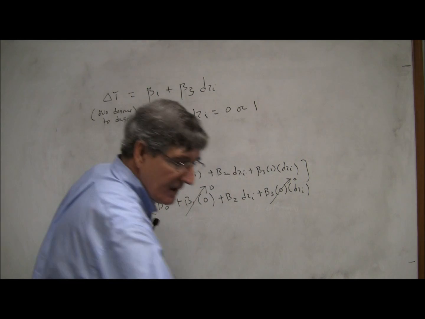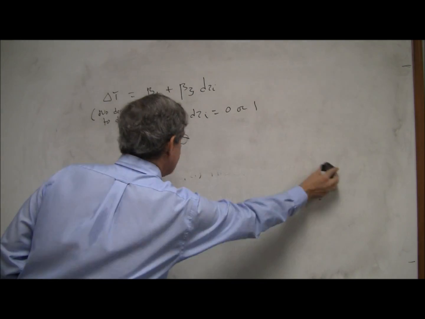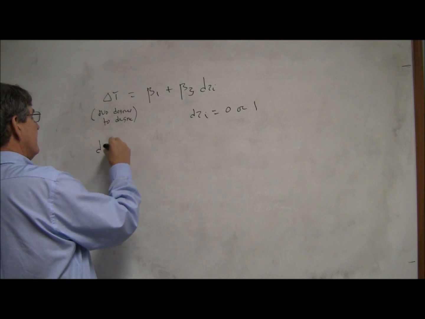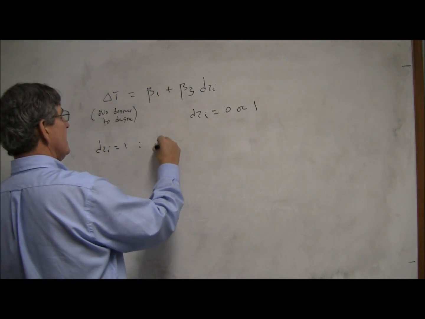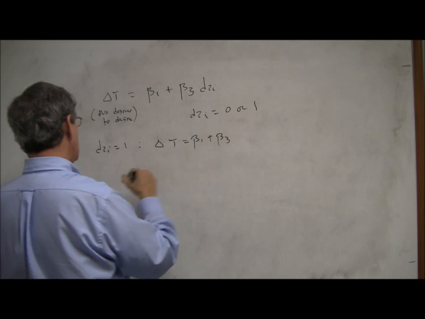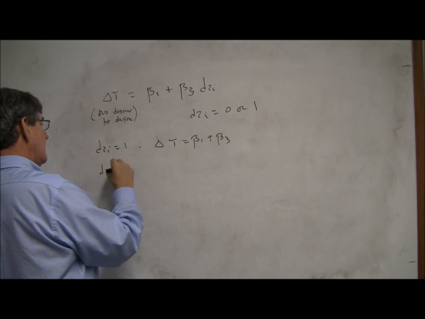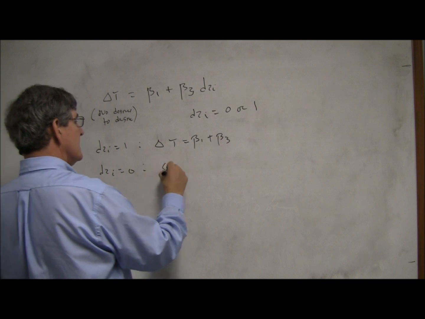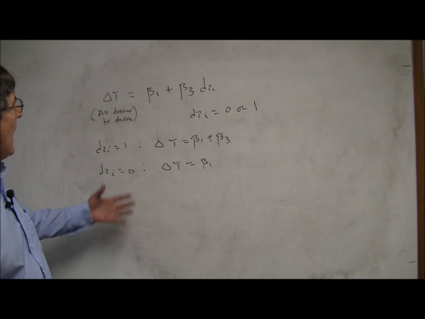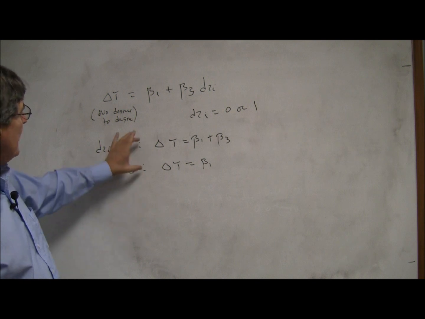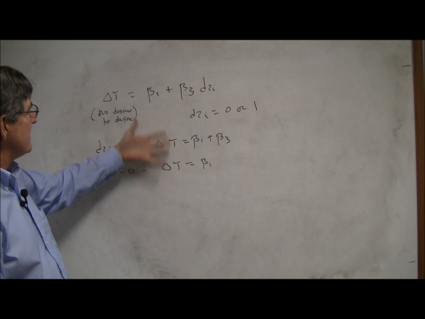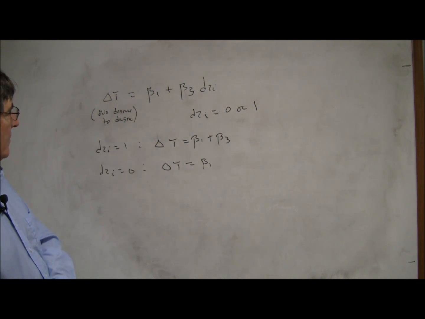So if you're female, when d2i equals 1, the change in y is beta 1 plus beta 3. When d2i equals 0, if you're a male, the change in y is beta 1. So the model allows for a difference in the effect of a degree, the effect of d1i, based upon the value of the other variable.